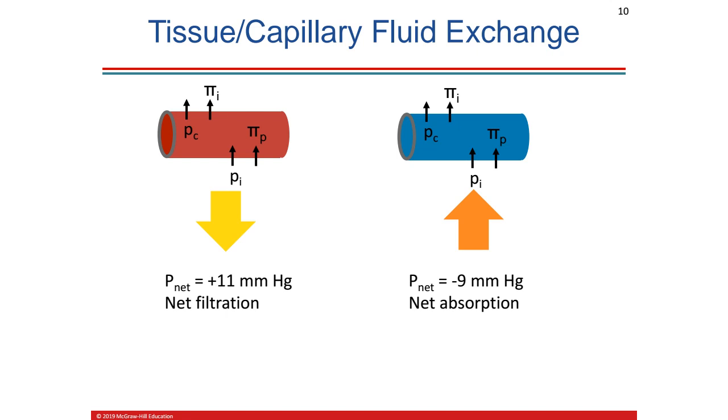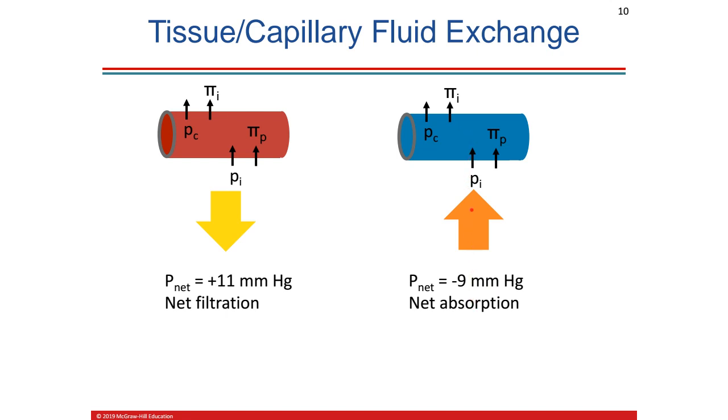So we can now introduce two more terms. At the arteriolar end, there's going to be net filtration due to this pressure difference, and so the fluid is moving out. At the venous end of the capillary, you have a net negative filtration pressure, and so we have net absorption, sometimes referred to as net reabsorption.